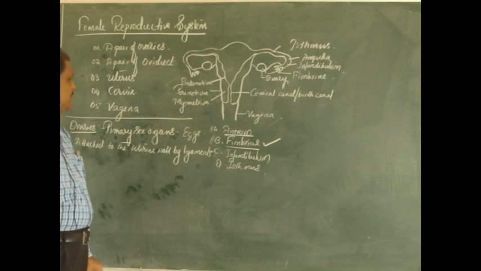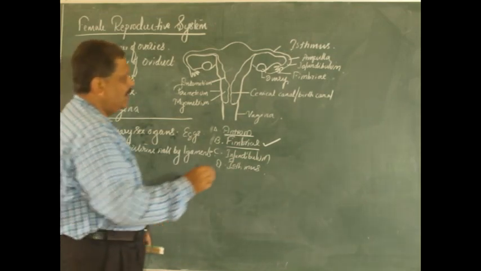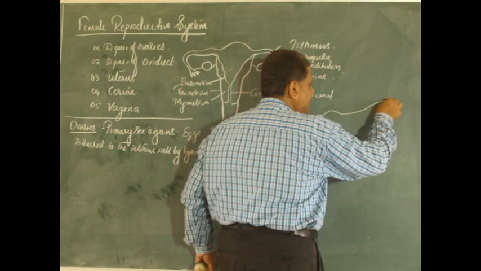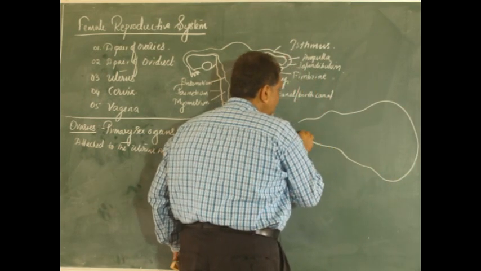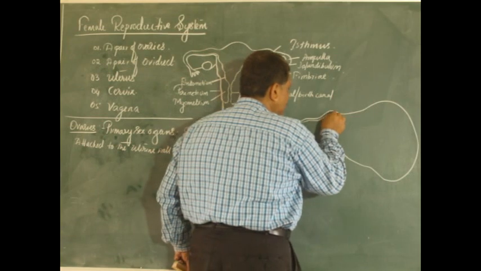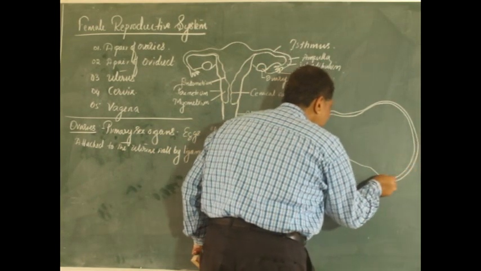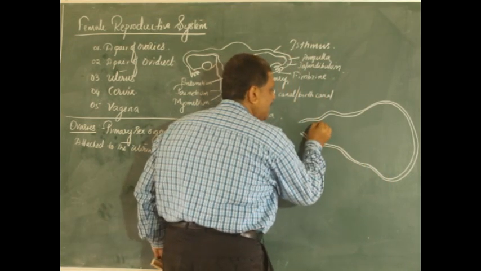And also this ovary has two portions. The outermost portion of the ovary is epithelium, and it gives protection, and the next layer is where we observe the development of follicles.